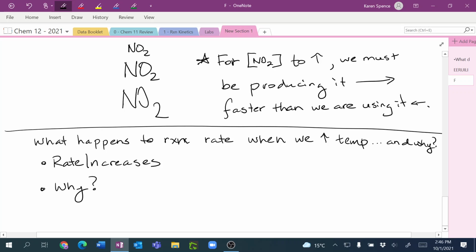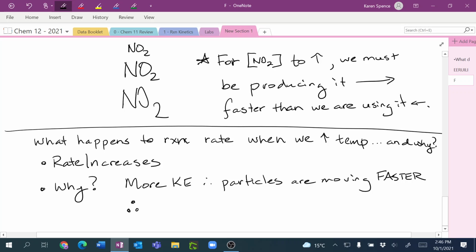There's more kinetic energy, so the particles are moving faster. And if that's the case, what happens? There's more collisions.